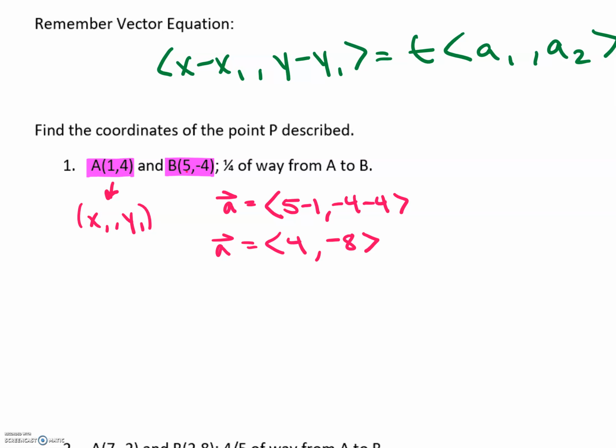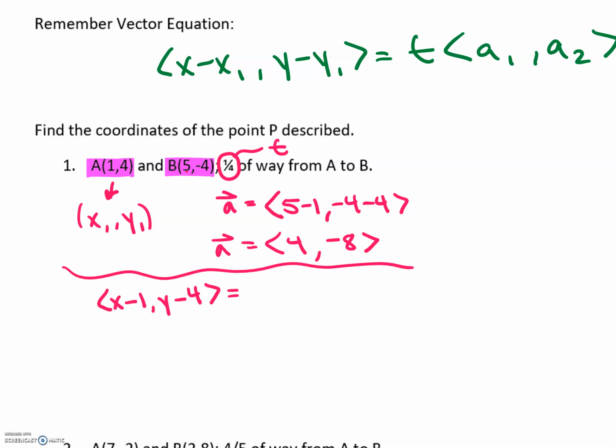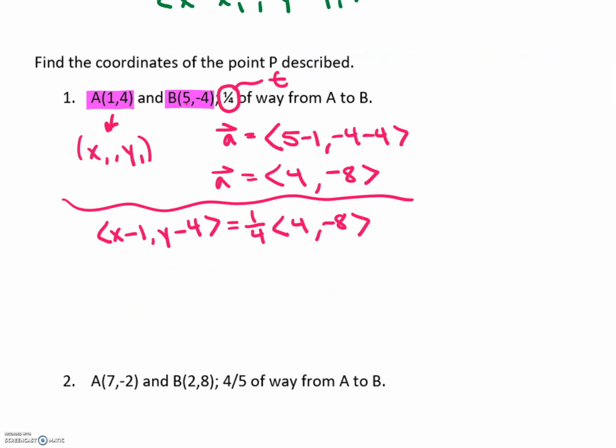Now, it says it's going 1/4 of the way. So 1/4 is going to be my parameter t. So if I go ahead and write my equation, it would be x minus my x1, which is 1, y minus my y1, which is 4, equals t, which my parameter is 1/4, and then <4, -8> is my direction vector.